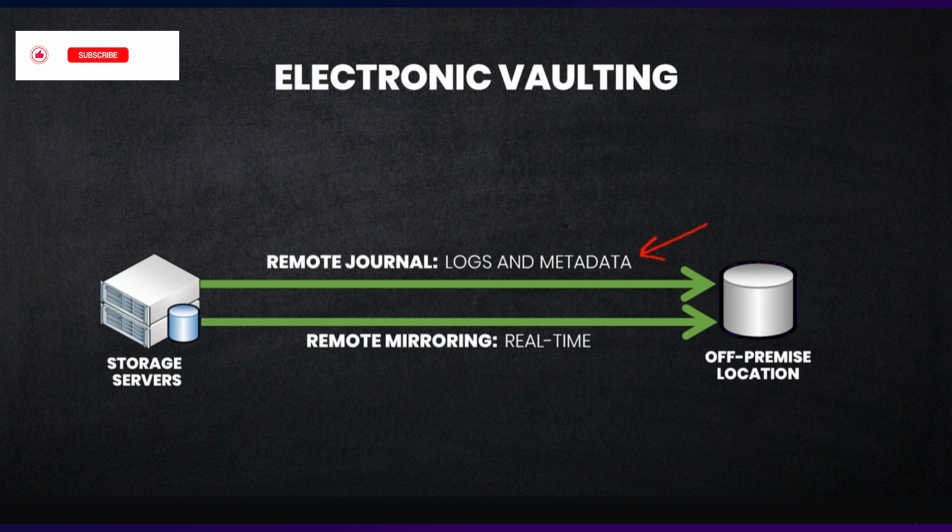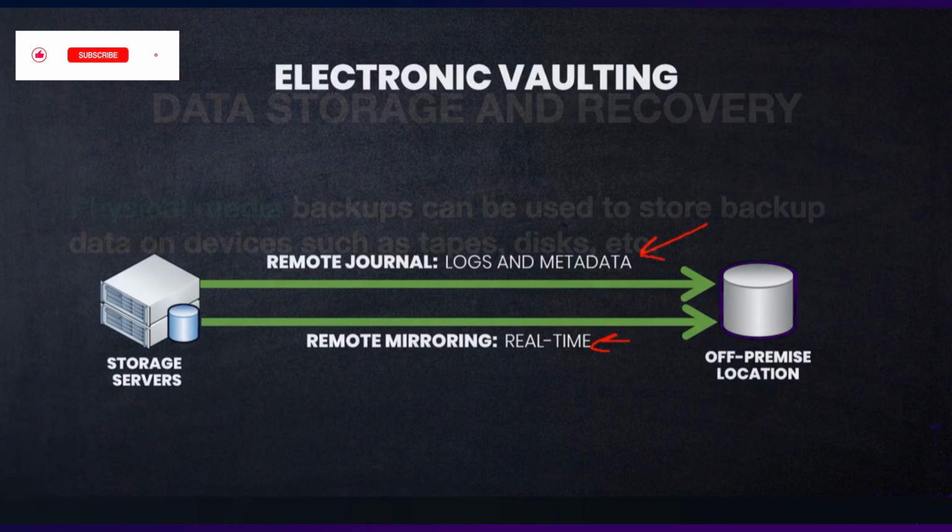So now we know what we need to recover from, and then here would be the data itself. So we would use the journal to identify exactly what needs to be recovered, or we can just refer back to the incremental backup and start from there. And this data can be stored on any medium or media, depending on how you want to refer to it.